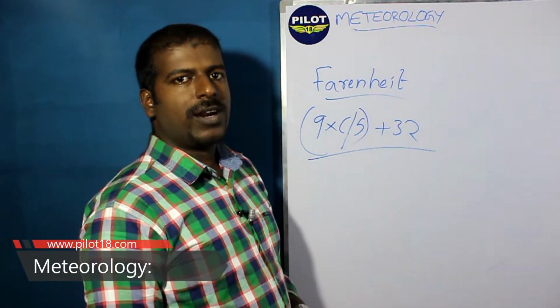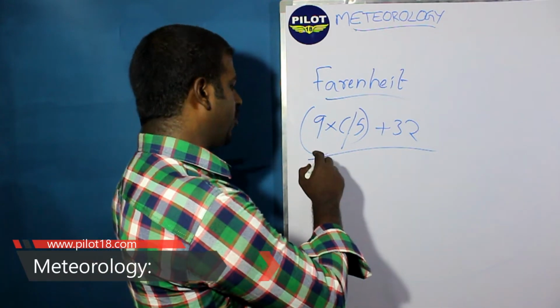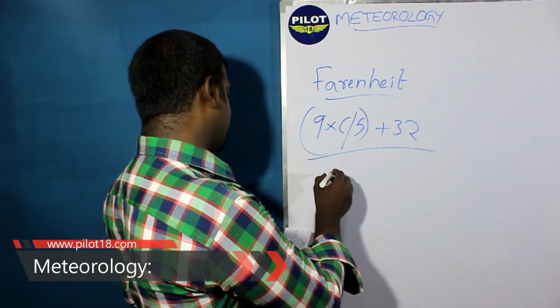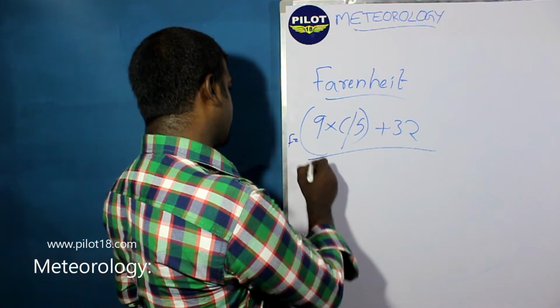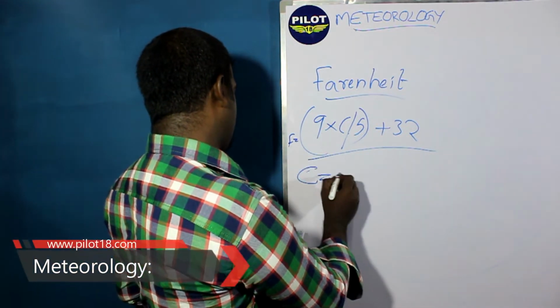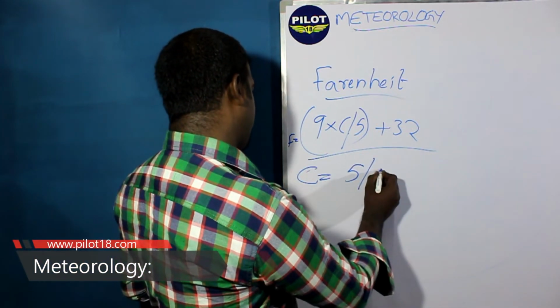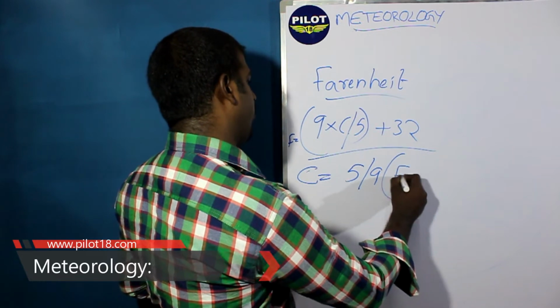There is a formula to convert Fahrenheit to degrees Celsius, and C is equal to 5 by 9 into (F minus 32).